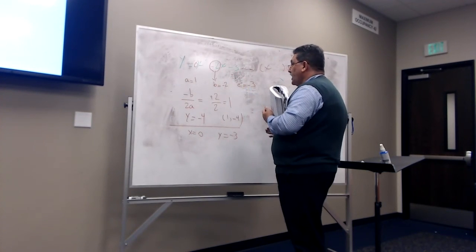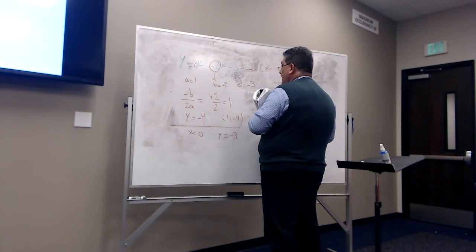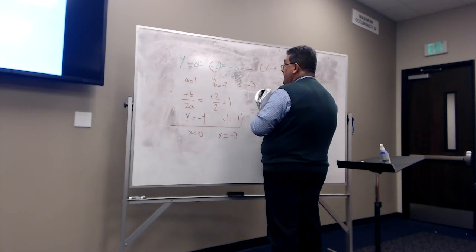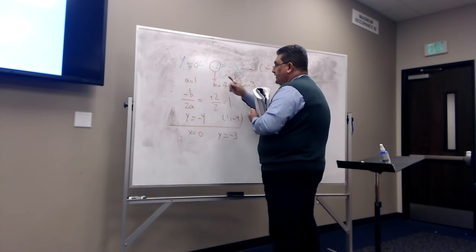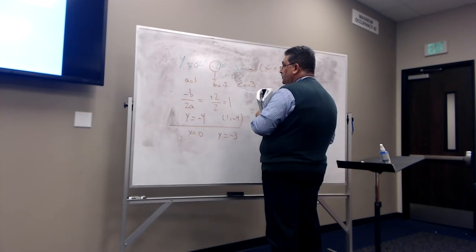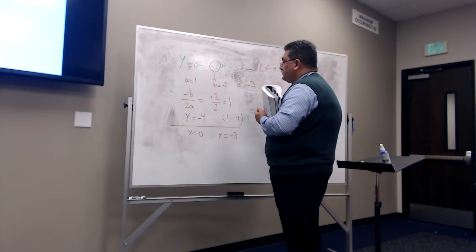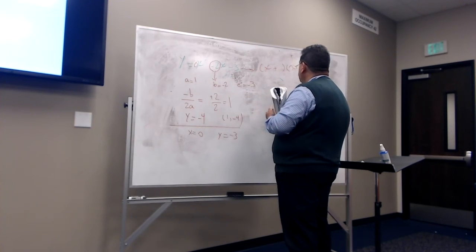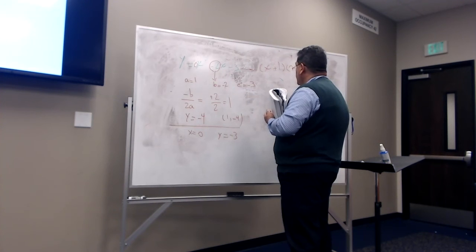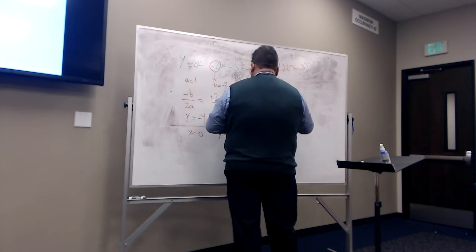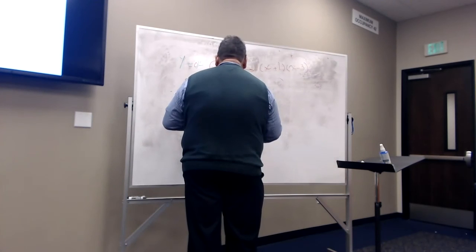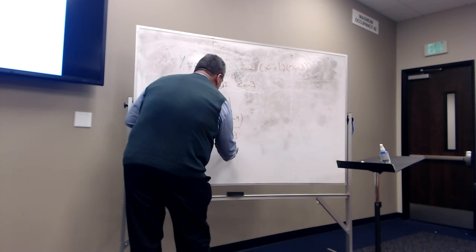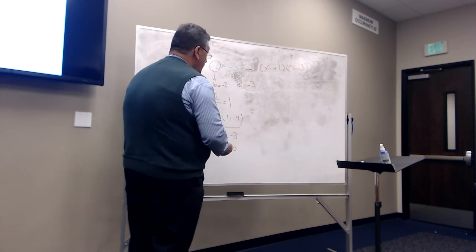First of all, tell me about the signs. One has to be positive, one has to be negative. The greater one must be negative because when you add them, you end up with -2. 3 is a factor of what? 3 and 1. So the larger one is -3, the smaller one is +1. So the factors are (x - 3)(x + 1). The x-intercepts have two values.